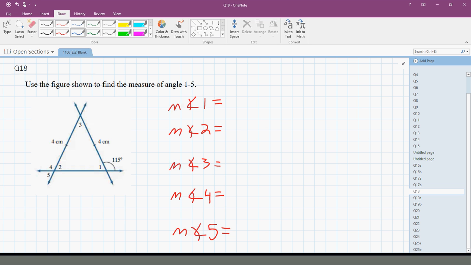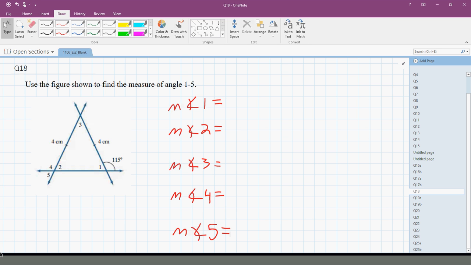So we just start working our way through. We want to find all these angles. I will tell you on this one, you have to start with angle 1 to get anywhere else. You're going to have to find angle 1 first.